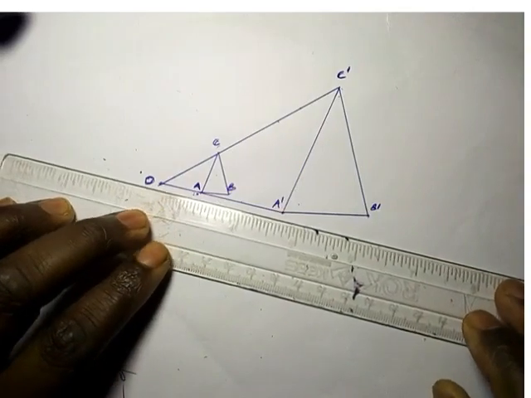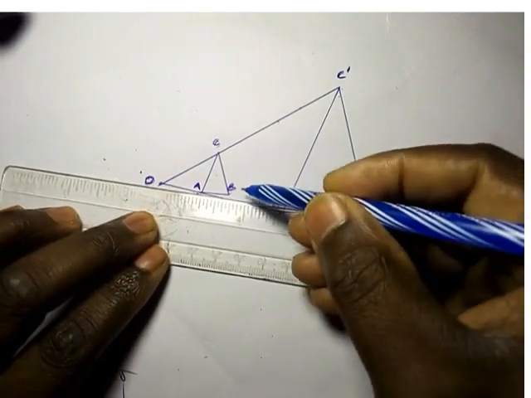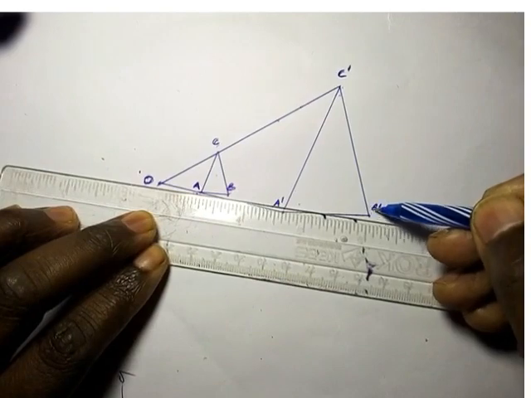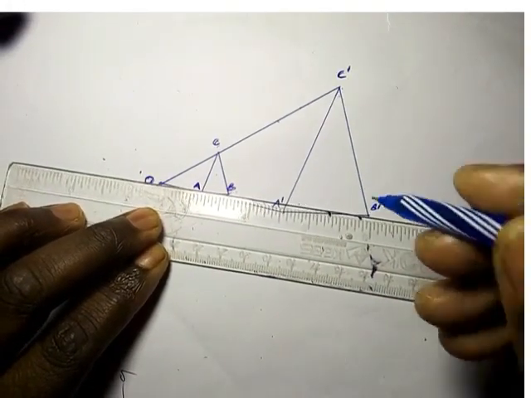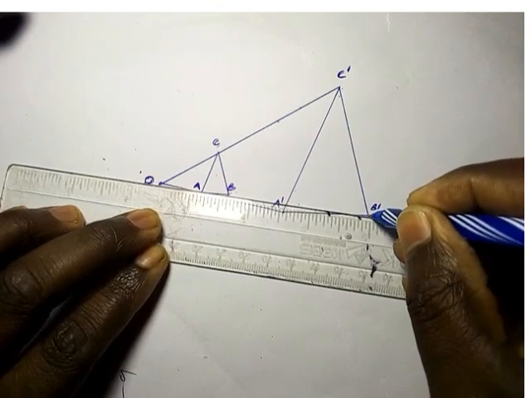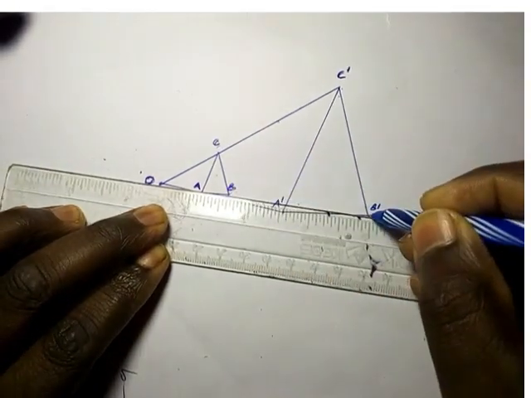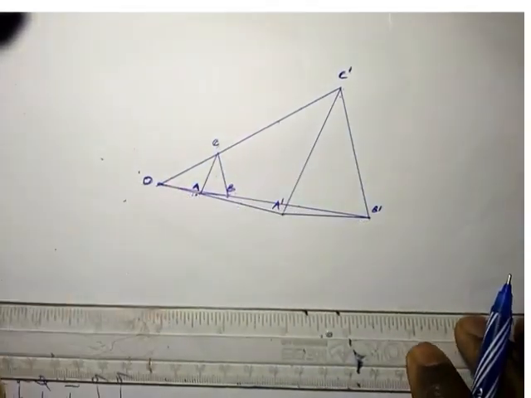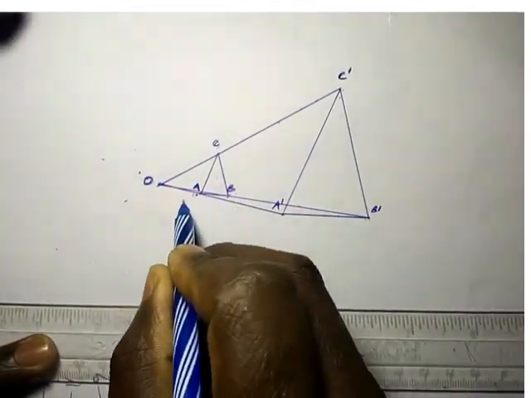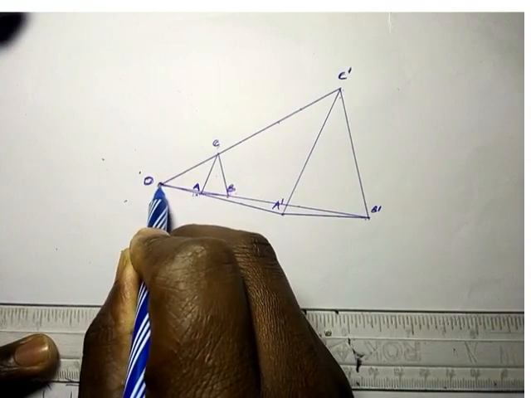Right, you can as well join B' and B. You can as well join them. So you realize all of these lines go to this point here.